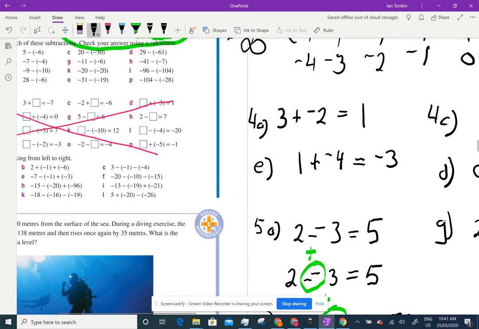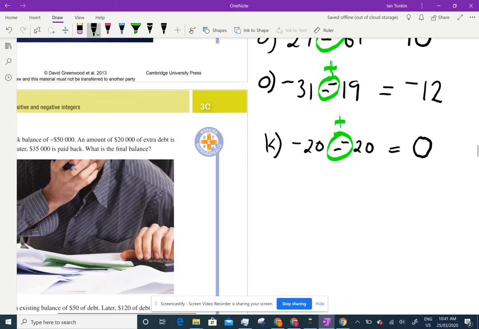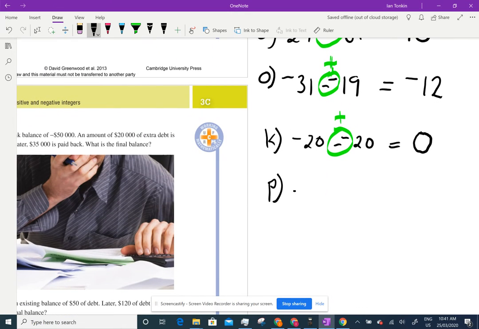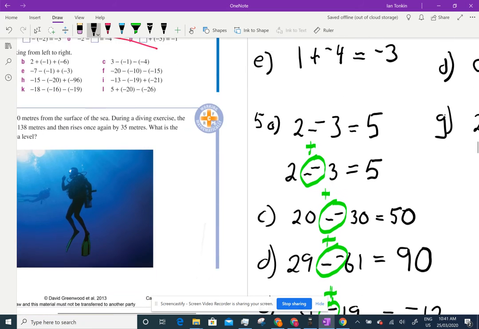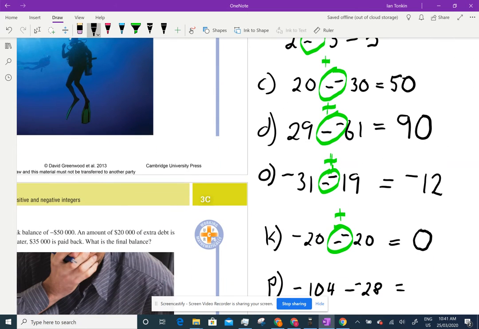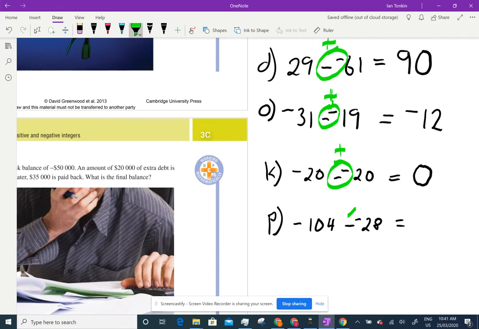So the last one, you go and have a go at it. This is P because it's quite hard. Negative 104 minus negative 28. I think that's it. Let me see. Yep. Okay. Oops. Started writing the answer there and it's not right. So remember, two signs together, change them, and the negative and a minus sign becomes a positive sign.